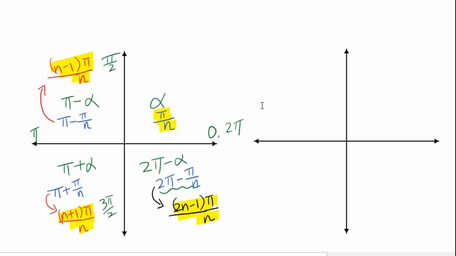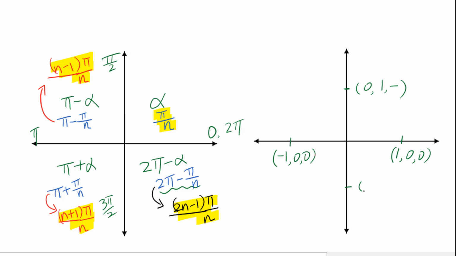So let's draw a diagram for unit circle angles. You will have this is 1, 0, 0. Here, negative 1, 0, 0. This, you will get 0, 1, undefined.